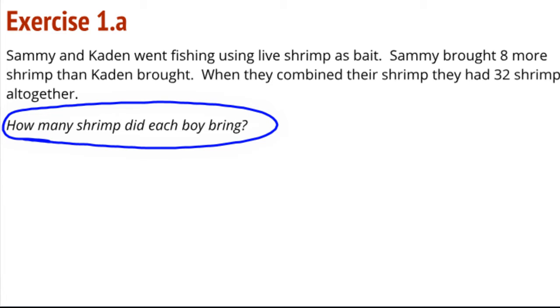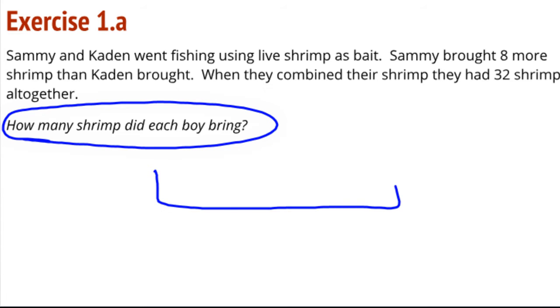Now, there's lots of different ways to figure this out. You could use guess and check. I'm going to show you quickly a way that I approach problems like this. I know that Caden brought less than Sammy.